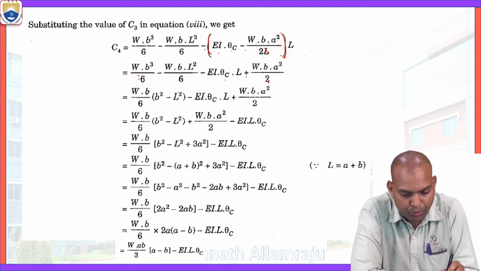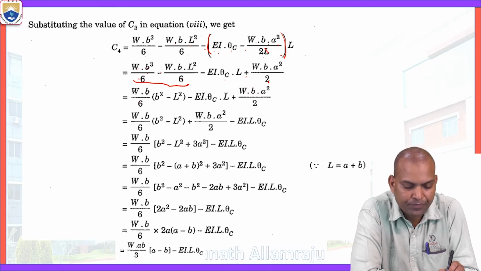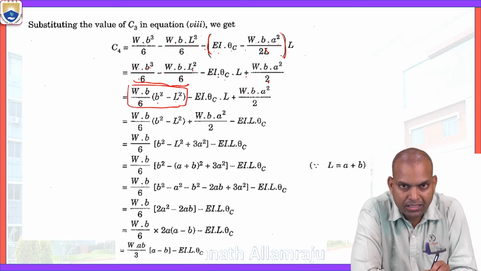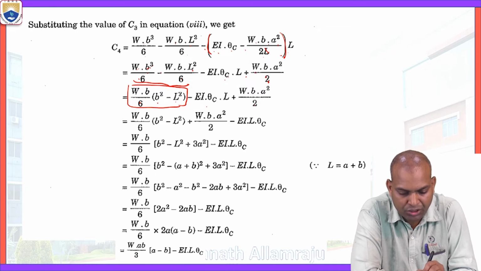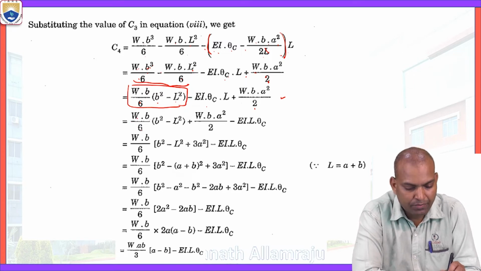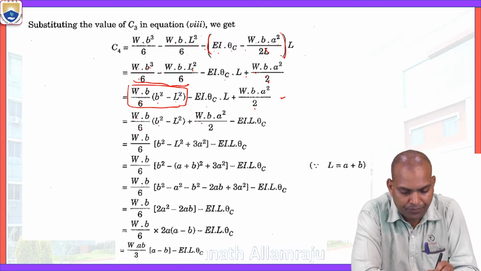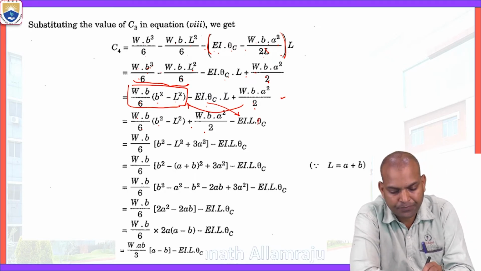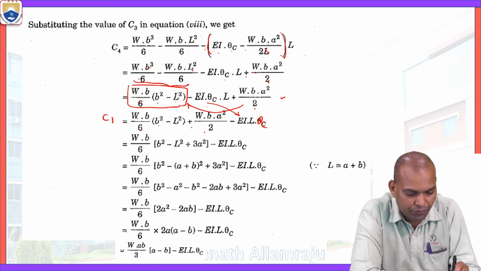Now make wb by 6 common from the first two terms: b cube becomes b square minus l square. Now EI times theta c l plus wb a square by 2. Further, wb by 6 times b square minus l square; send this term to this side, plus wb a square by 2 minus EI l times theta c. This is c4.